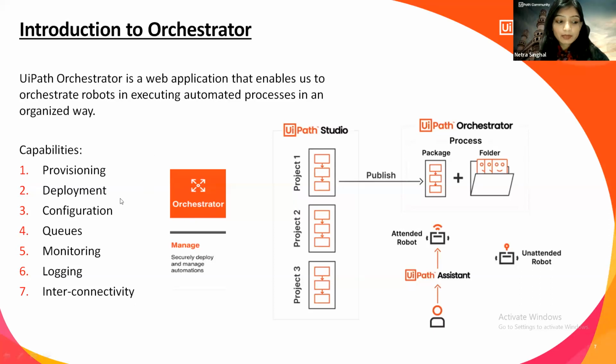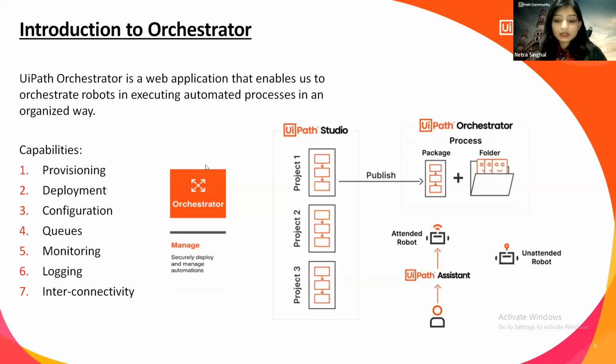Now coming to the capabilities of UiPath Orchestrator. The first capability is provisioning. What is provisioning? Orchestrator helps us to create and maintain the connection with robots and users, and it takes care of all the robot provisioning. Everything is centralized in the orchestrator and distributed from here itself.